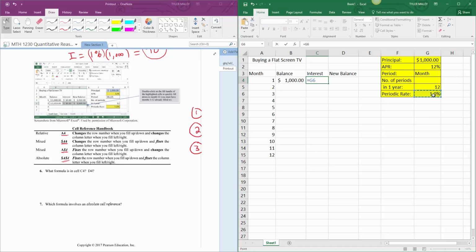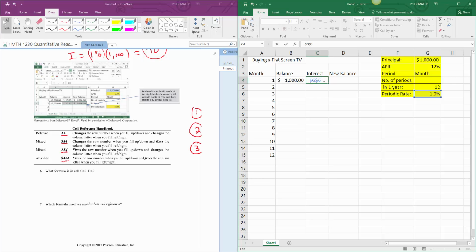But when I copy this formula, I don't want this to move. I want this to be an absolute cell reference. There's no reason for me to want that box to move left or right, up or down. So I want to lock it in both ways by putting $ signs in front of the G and in front of the 6. So lock in the column, lock in the row.